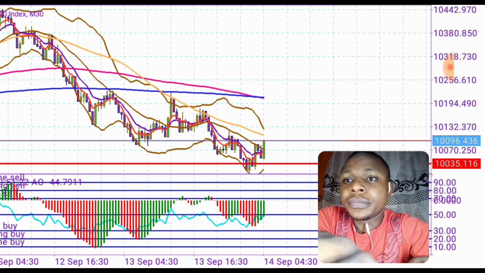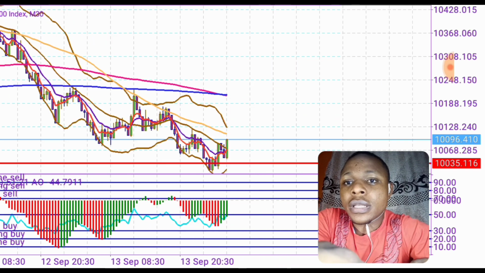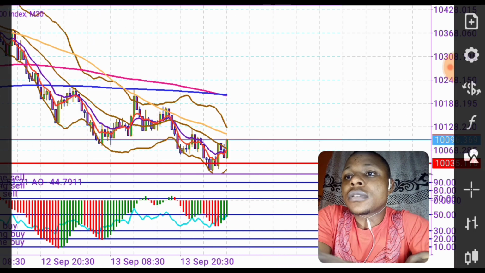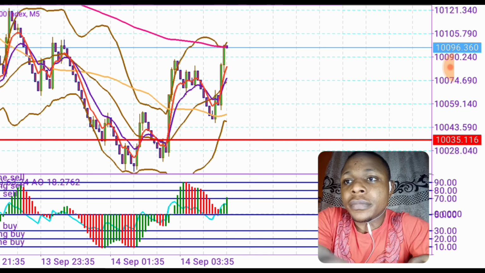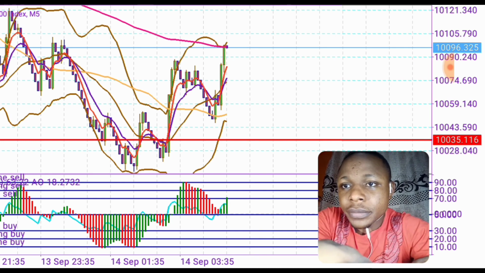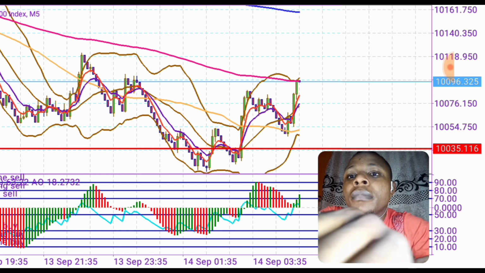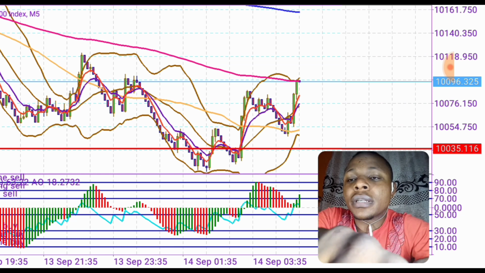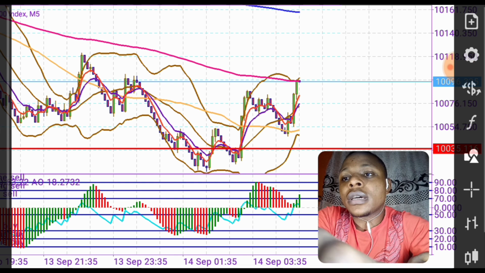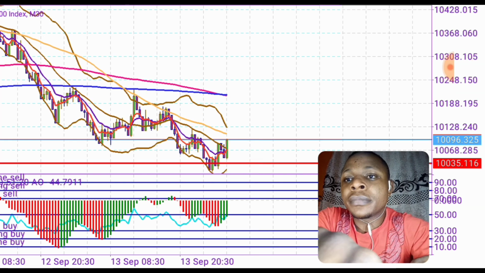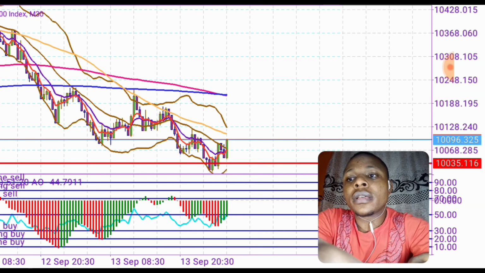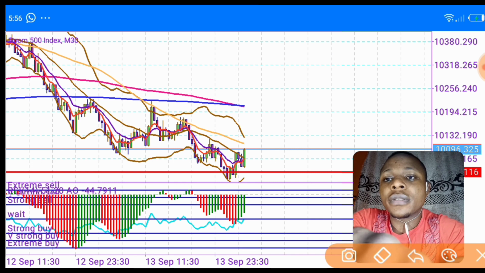For example, let's switch to the 5-minute time frame. This is boom 500. Okay, now let's assume, see boom 500 right now. You can see that on the 30 minutes time frame, it is very near to the 50 moving average, 50 SMA.